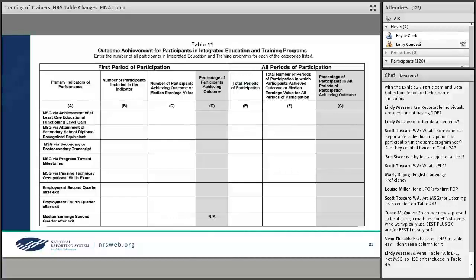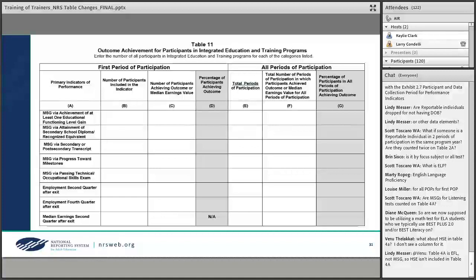So for example, let's go through all the different rows. MSG by one EFL, MSG by a secondary credential, MSG by a post-secondary transcript is a MSG method that is not permitted for accountability in Title II and reported in Table 4, but we are collecting it here.